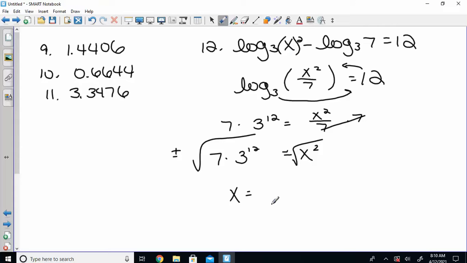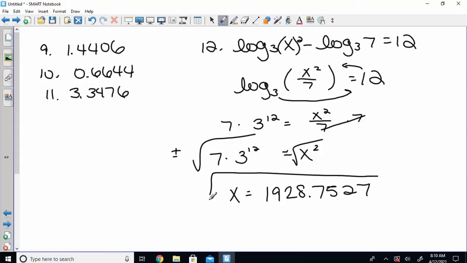No. So it's just going to be the positive, so we've got the square root of 7 times 3 to the 12. And since we can't have a negative, this would be good. Is that okay?